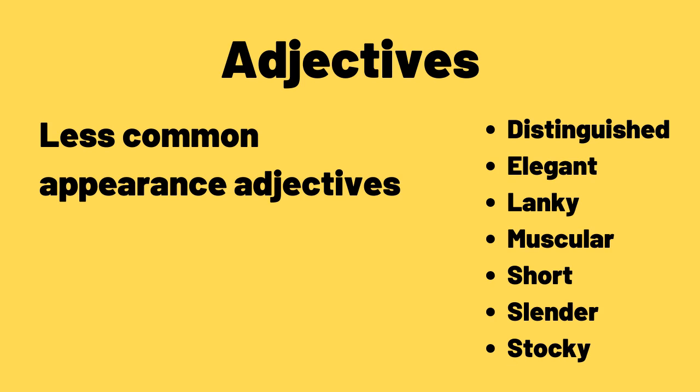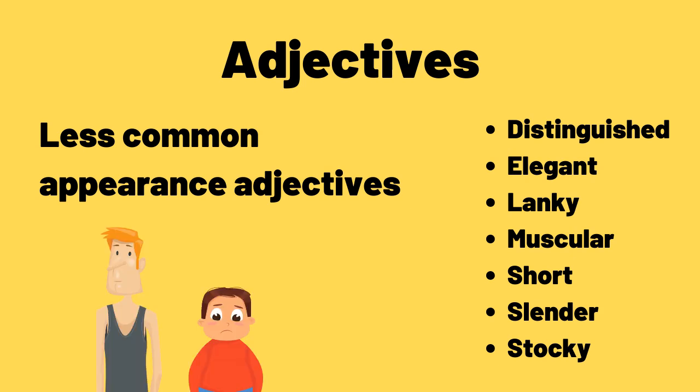These have quite specific meanings. A lanky person is both tall and thin. Someone stocky is pretty much the opposite, being short and perhaps a little wide in the shoulders. Just make sure that the words you use to describe someone's physical appearance are appropriate. It's easy to offend people or hurt people's feelings when talking about this sort of stuff.